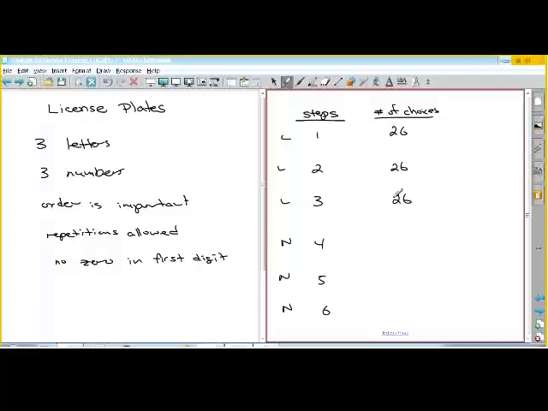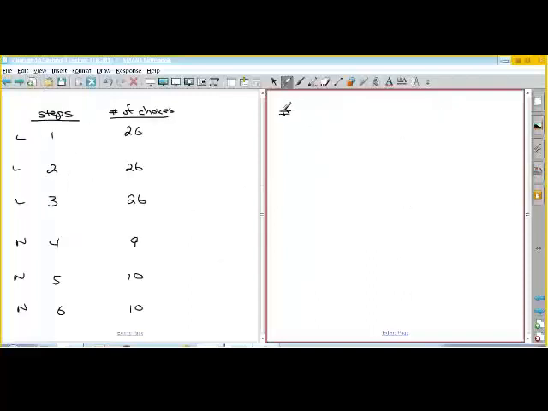So instead of 26 times 25 times 24, you just have 26 times 26 times 26. So it doesn't involve factorials. And then for the numbers, if I don't let myself use a 0 here, there are only 9 numbers to choose from instead of 10. But then I do let zeros be used for the remaining 2. So these are each individual steps in the process.